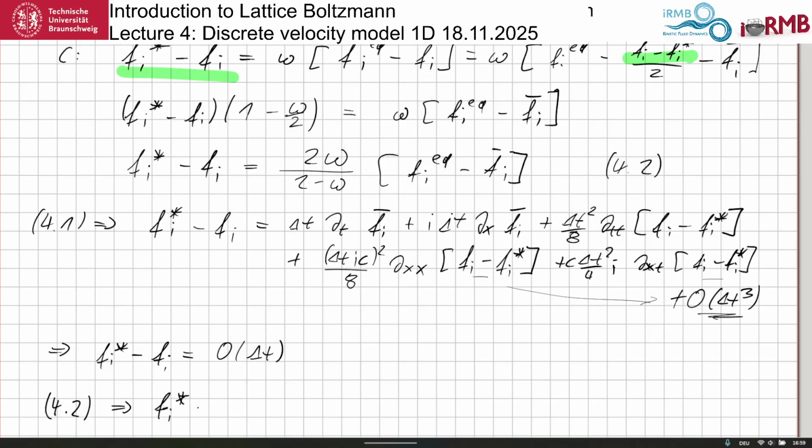fi asterisk minus fi, which we identified now hopefully correctly, and it's written in a different way here.